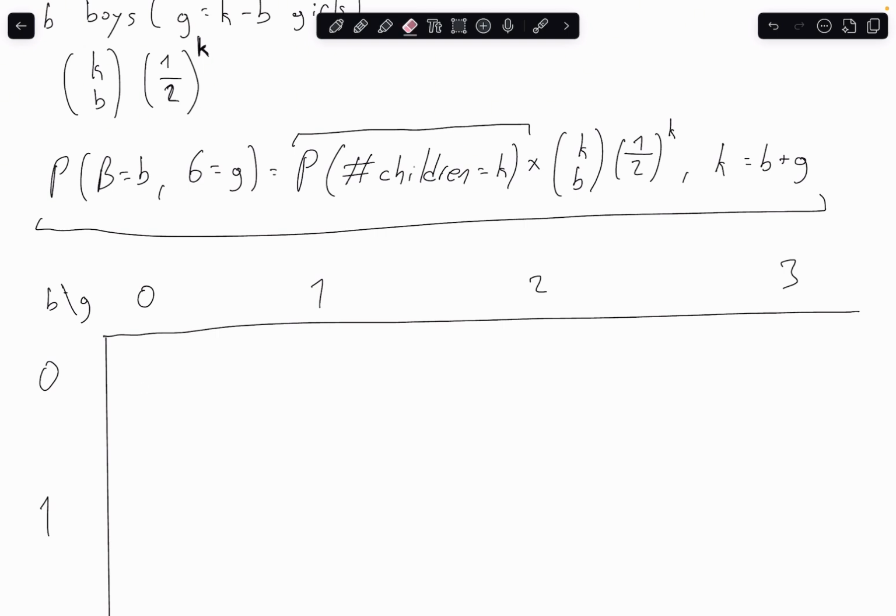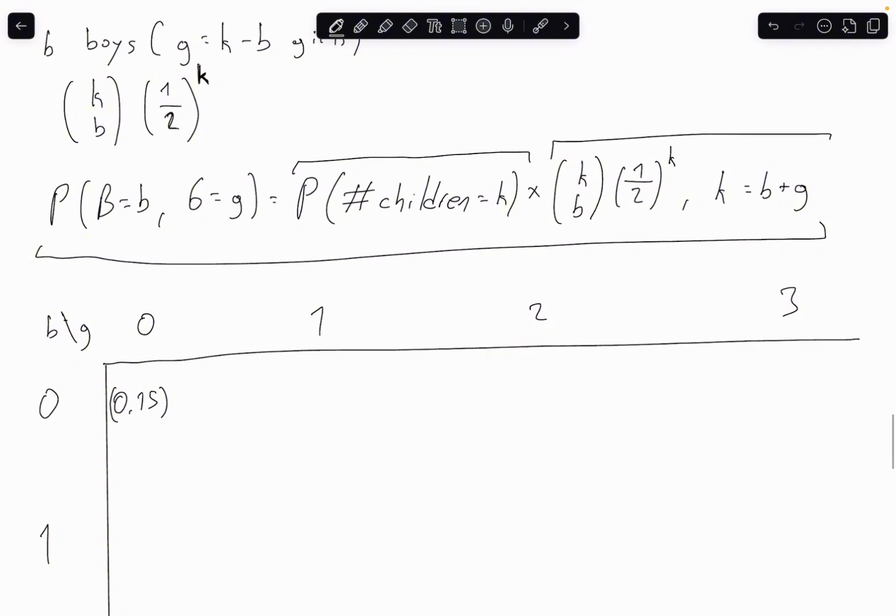Let's fill this. 0.15 times, and then we need to write this part. We have 0, that's why maximum we can get is 0, and then 0.5 to the power of 0.